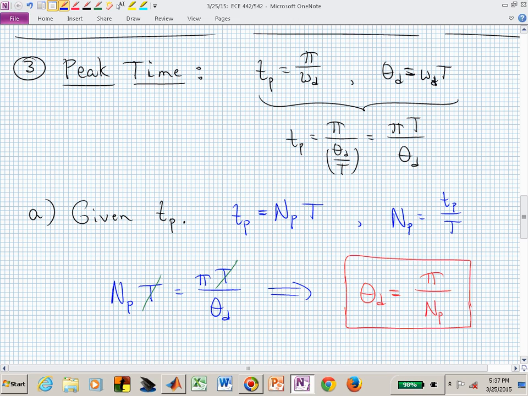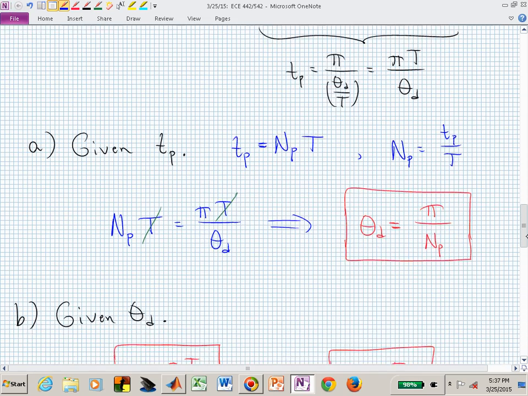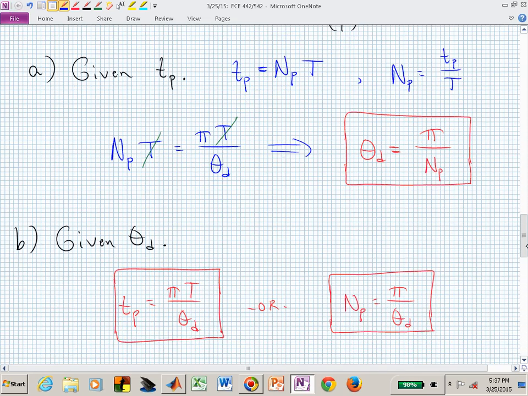That allows us then to say, if we're given the peak time, depending on how we're given that, if we're given that in terms of an absolute number of, let's say, seconds, then we might need to know the sample period. If we have the sample period, we can get the number of samples to reach the peak, and N sub p is then pi over theta sub d, which allows us to just solve for theta sub d.